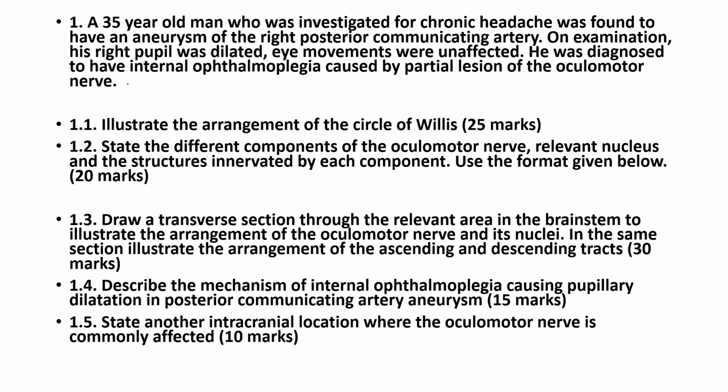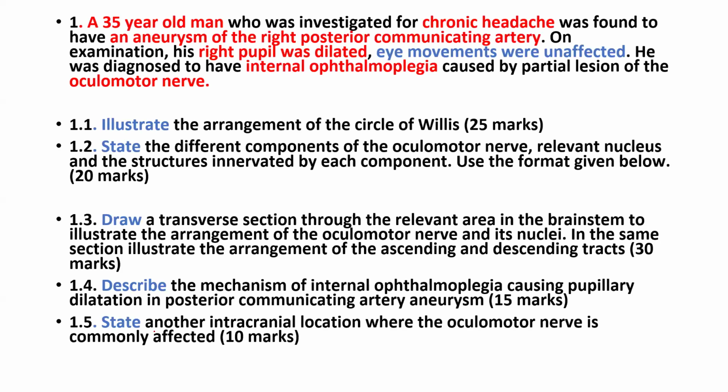Now again, I have to highlight the keywords in this clinical scenario. Here I have state, here I have draw, and describe, and state again. If we go to the highlighted one, this will be our question.